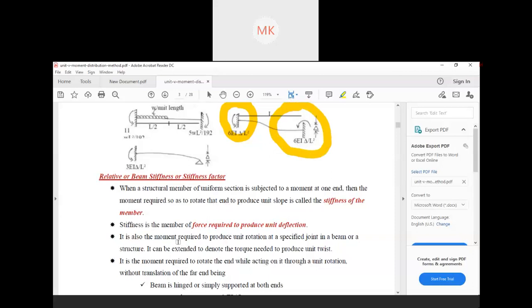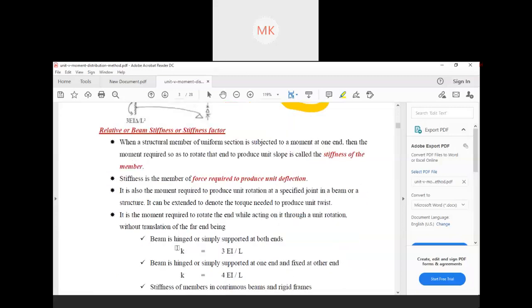Stiffness is the force required to produce unit deflection. It is also the moment required to produce unit rotation at a specified joint in a beam or a structure. It can be extended to denote the torque needed to produce unit twist. It is the moment required to rotate the end while acting on it through a unit rotation.